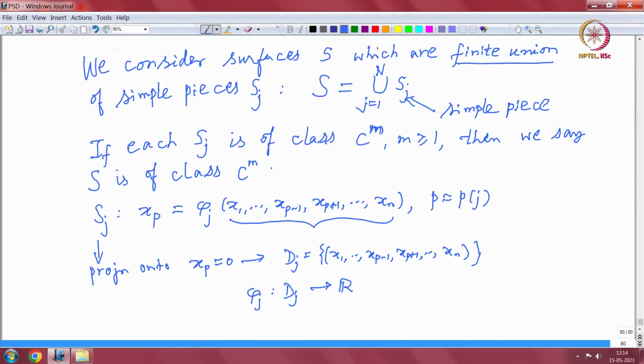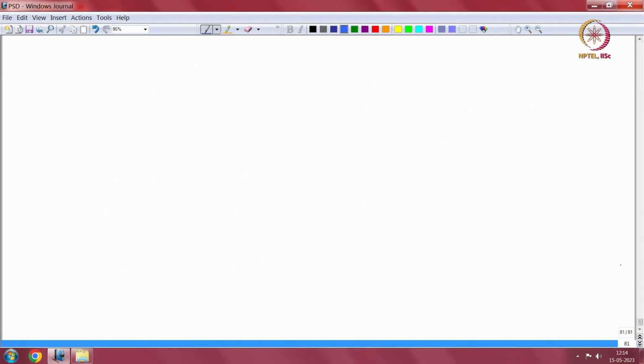So, there could be again some overlapping here because we are not assuming disjoint union. So, we need to be a little careful in defining the integral. Okay. So, again let f from S closure to R be a continuous function.